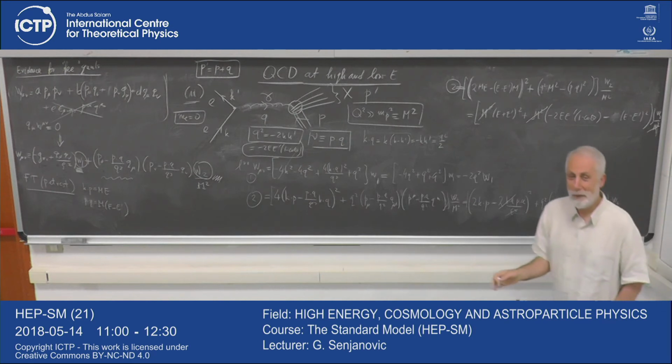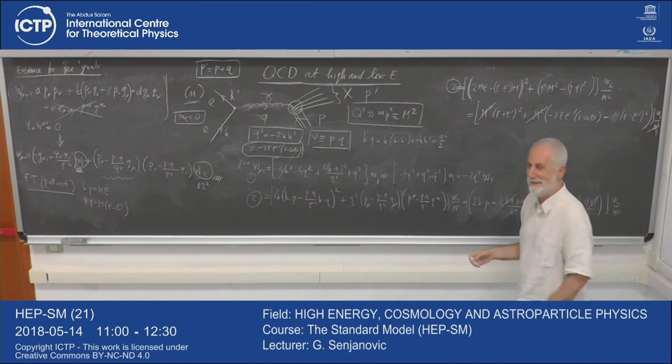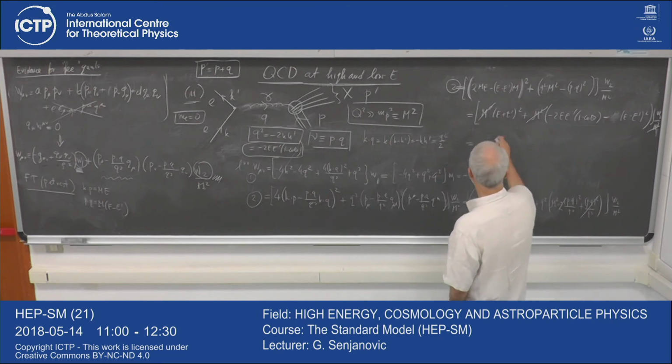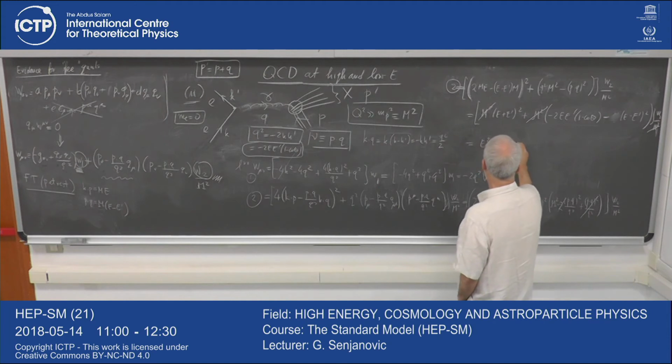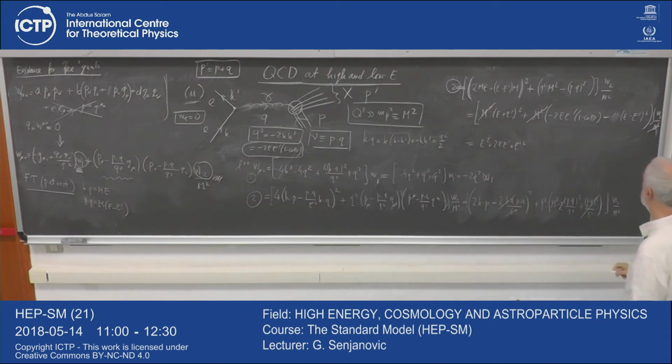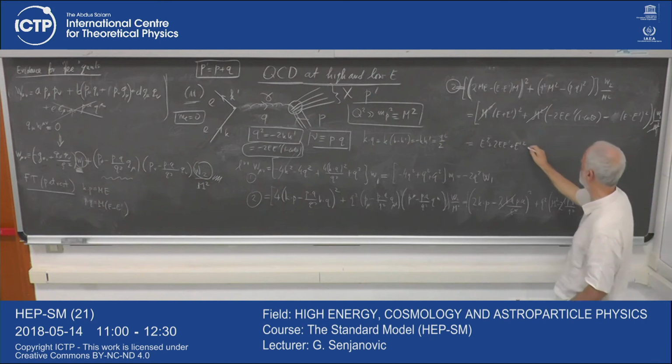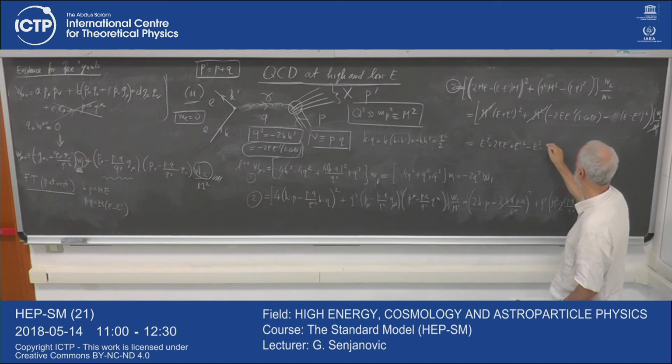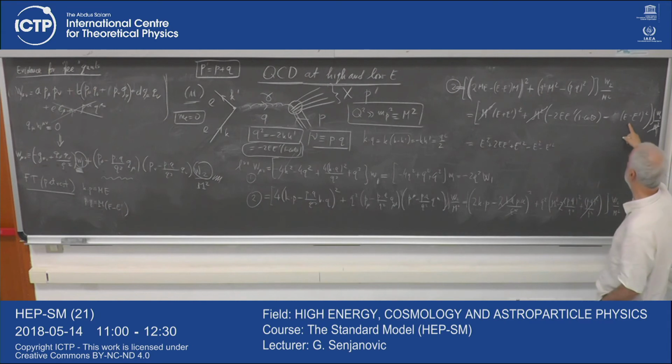Maybe I'm okay. If I don't get it right, we'll just copy the result. But let's see. So what is this? This is E square plus 2 E prime plus E prime square minus E square minus E prime square. I'm substituting this. Yes.